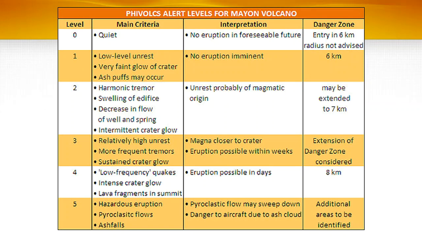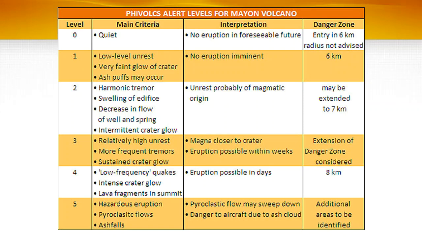If we are living near Mayon Volcano and the alert level is 0, then it is quiet, and we can interpret it as no eruption in the foreseeable future. For the danger zone, entry within the 6-kilometer radius is not advised.